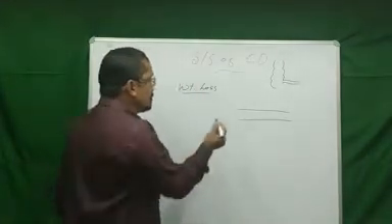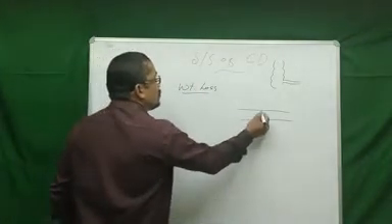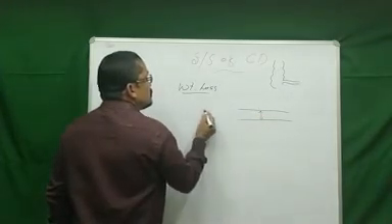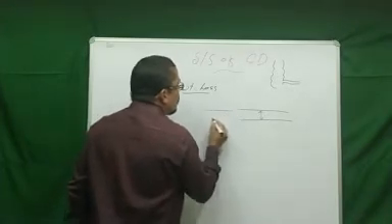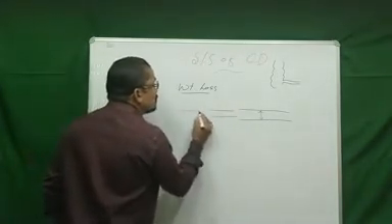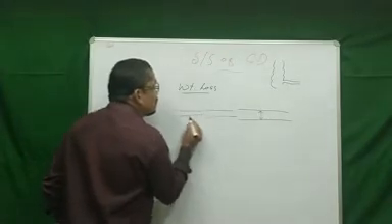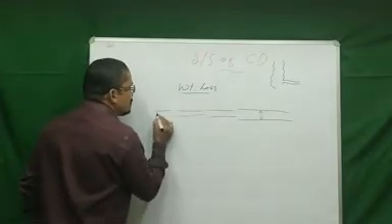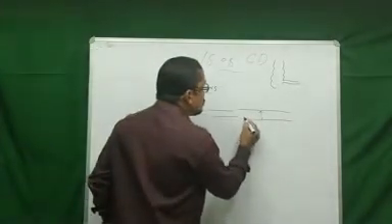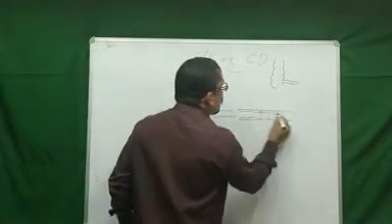Due to the fibrosis, the size of the lumen of the small intestine or large intestine is getting reduced. That means lumen is getting reduced like that. It is due to the fibrosis of the colon.